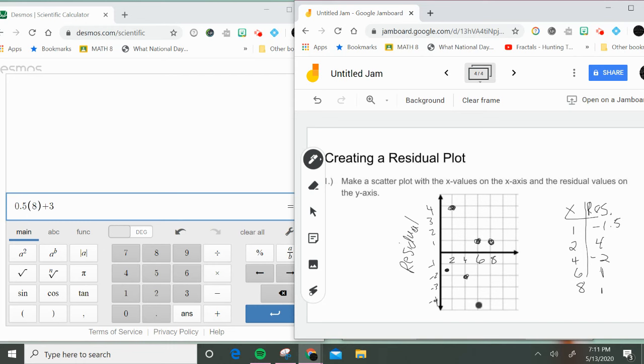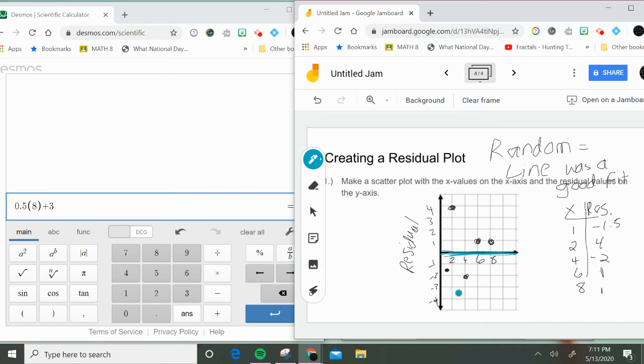And so you're probably looking at this saying, I don't see much of a pattern. It's not a straight line like my scatter plot was, but that's actually good. A random residual plot tells us a line was a good fit, because essentially the x-axis serves as that blue line that represented our trend line.